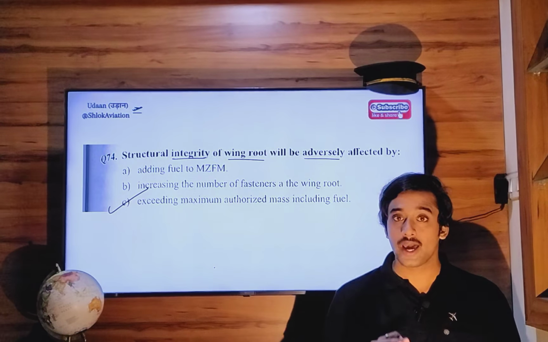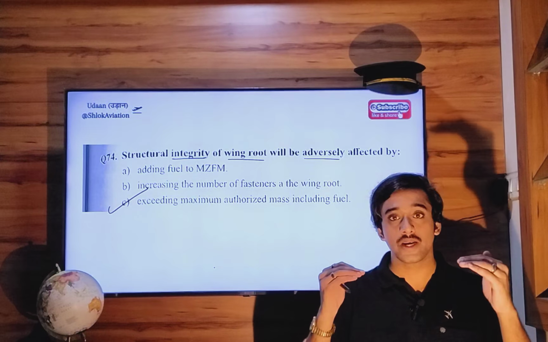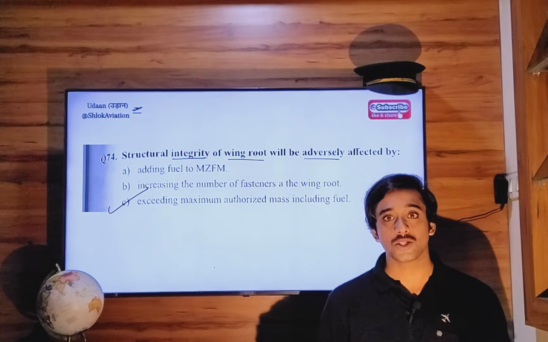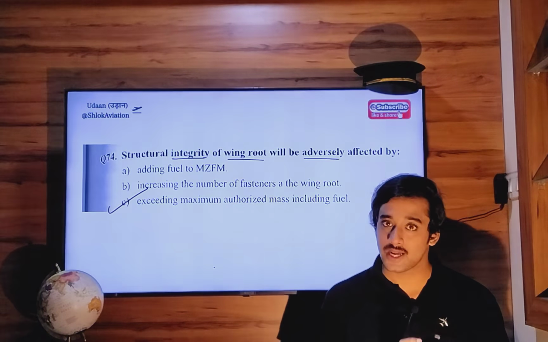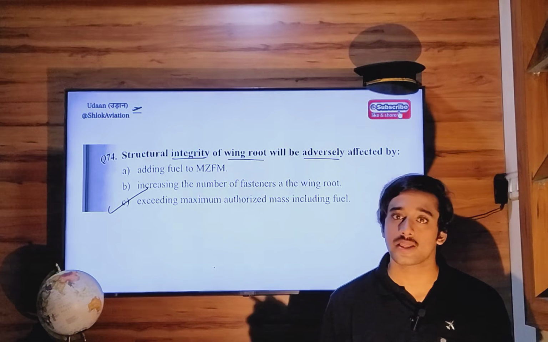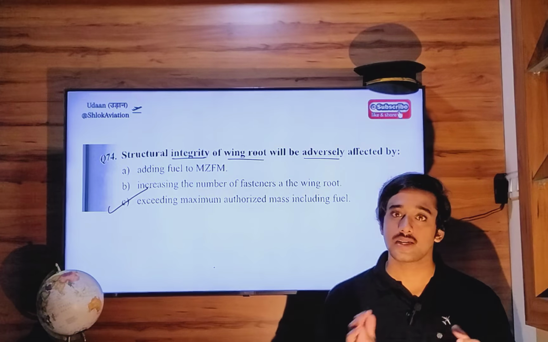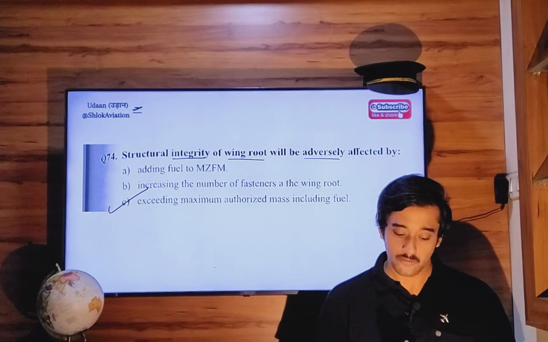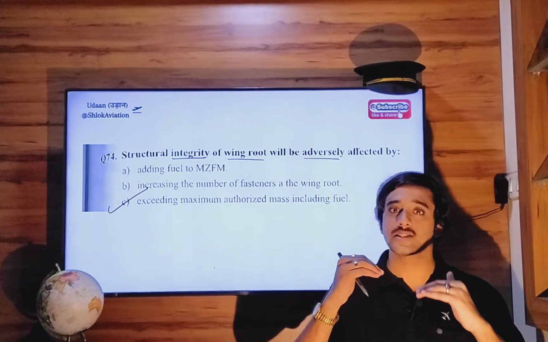Okay, if you want to carry maximum payload, you will have to decrease the amount of fuel that you are carrying in your wing tanks. If you want to limit the payload that you are carrying, then in that case you can add more and more fuel in the fuel tanks. Okay, so it's a give and take. It's a compensation thing. So if you want to increase payload, decrease the fuel.